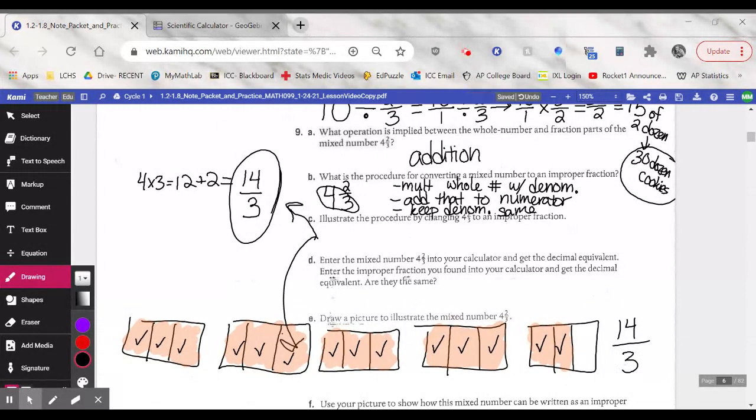So that's another way for you guys to think of 14 over 3. And if you were to take 14 divided by 3 in your calculator, you would get 4.66 repeating. And that makes sense. That would match up with 4 2/3.